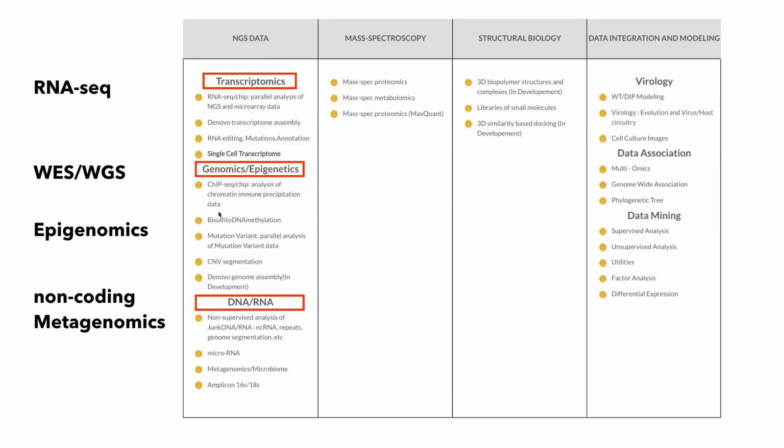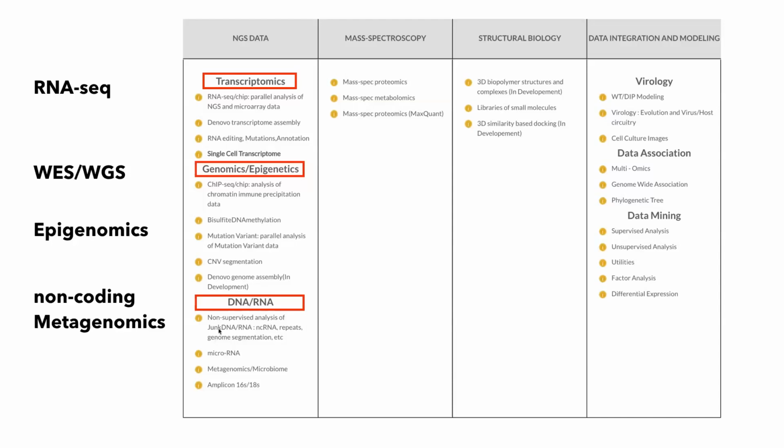We have bisulfite DNA methylation analysis, which is whole genome or targeted methylation, where you can identify methylated regions of DNA. ChIP-seq that we talked about just recently, copy number variation, and we have a whole section related to other types of sequencing for DNA and RNA.